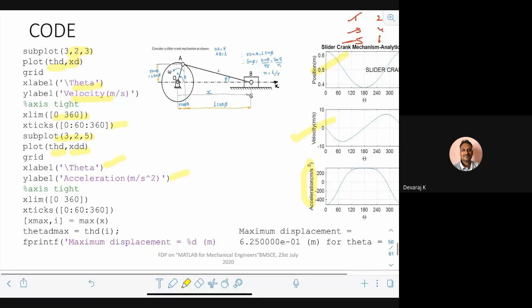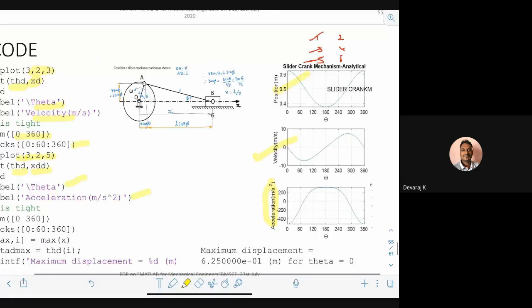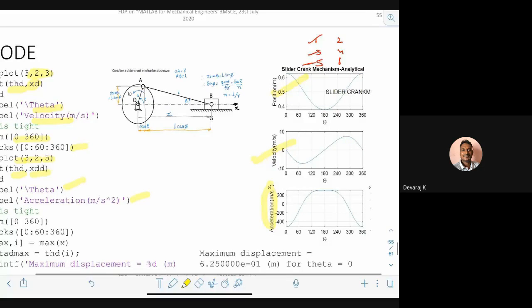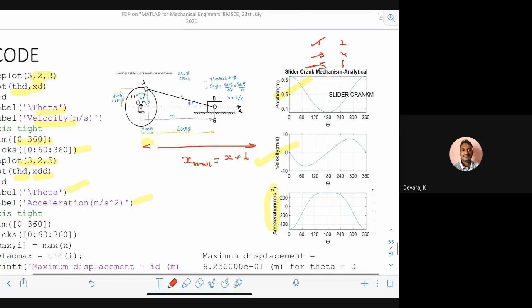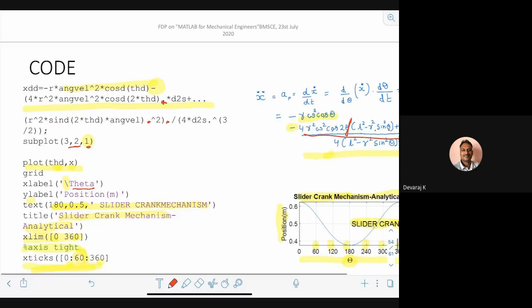Okay. Next, an important thing that you need to know is, at the outset, I know whether I have done it correctly or not, because of the maximum value of x. What is the maximum? When theta is equal to 0 degrees, it is R plus L. So you know what R and L are in this program.